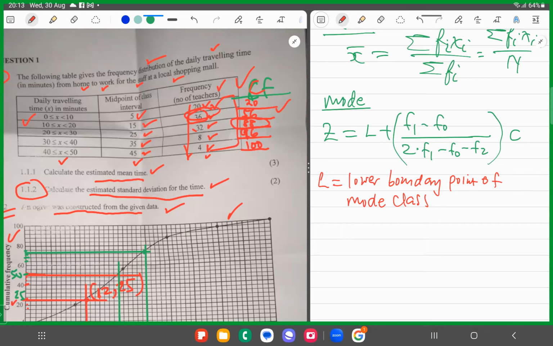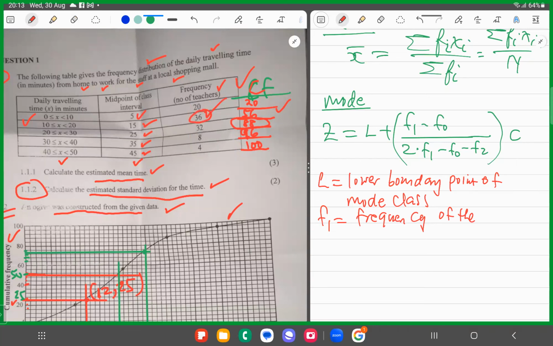You must also know how to find F1, the frequency of the mode class. The mode class is the class with the highest frequency. If you look at this, you realize that the highest frequency is 36, and obviously that is going to be your mode class, or modal class.